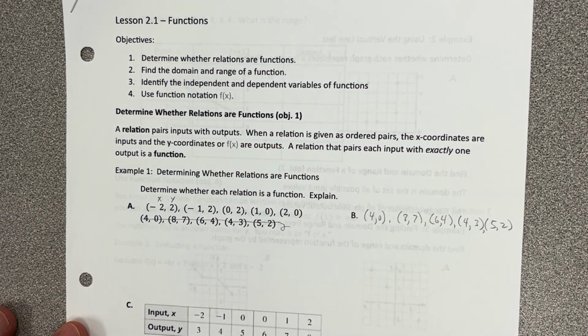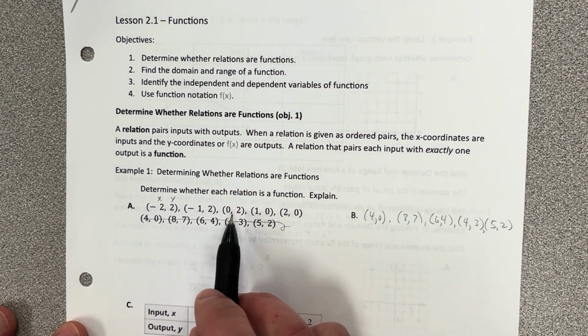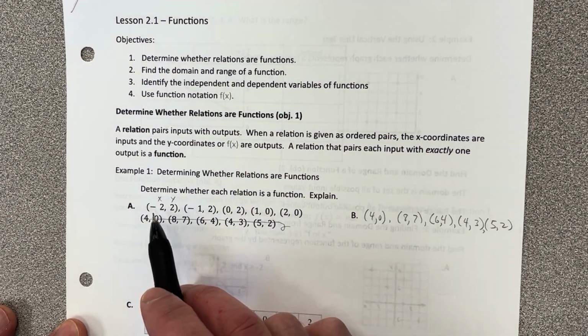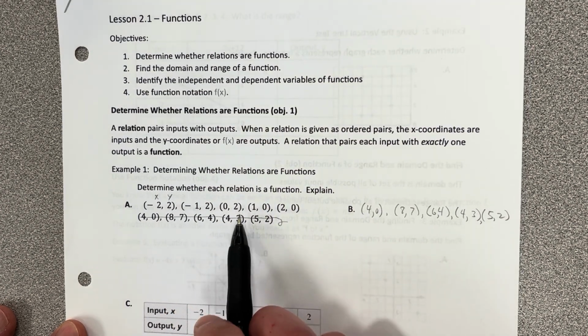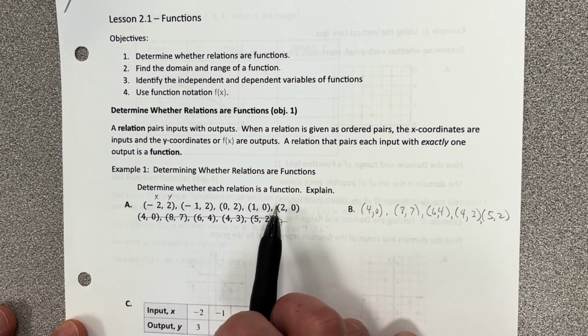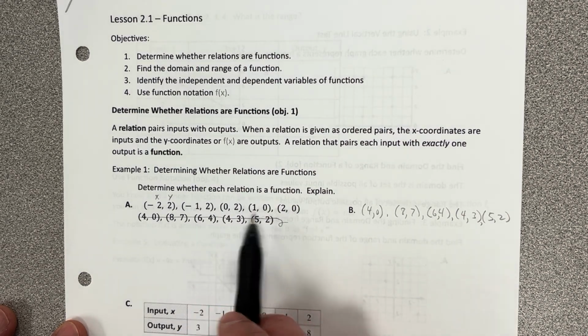Sometimes it's hard to see when they're written as points like this, but I'm noticing -2 goes to 2, -1 goes to 2, 0 goes to 2. That's weird that they all go to 2, but each input so far has one output, so we're in good shape. And then 1 goes to 0, 2 goes to 0. Again, kind of strange that those both go to 0, but each input seemingly has one output.